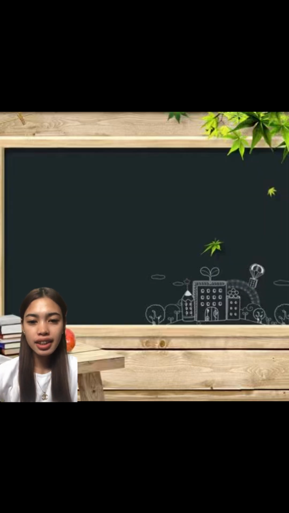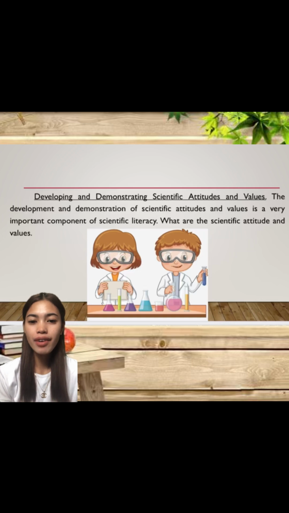The last intervening skill is developing and demonstrating scientific attitudes and values. The development and demonstration of scientific attitudes and values is a very important component of scientific literacy. What are the scientific attitudes and values?